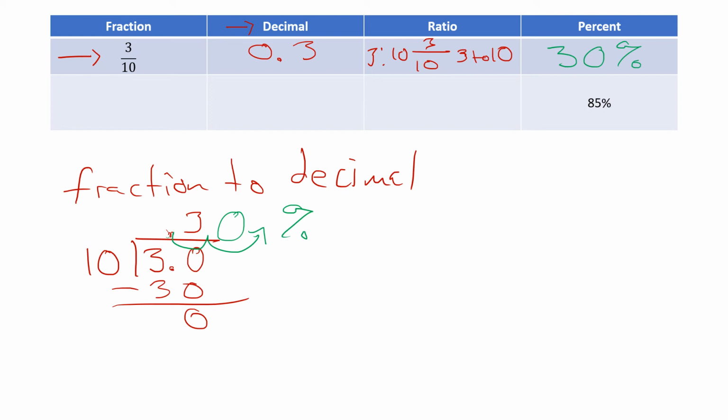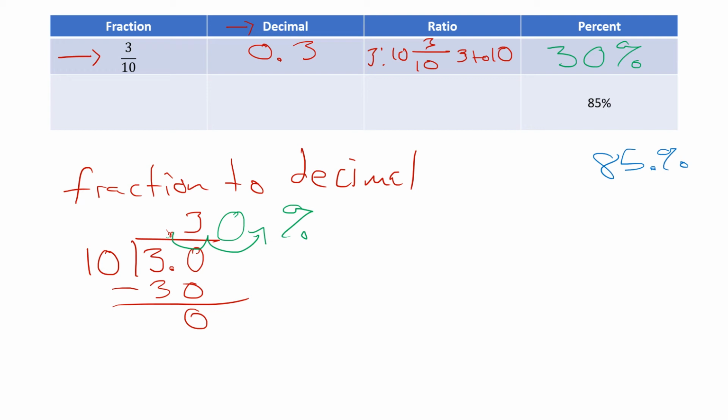So far, so good. Let's take a look at 85%. We're kind of starting at the very end of our spectrum. So where would be the best place to start here? Well, let's turn our percent into a decimal first. 85%. Remember that for any whole number, the decimal is always just hanging out at the very back of the number, so it's back there behind that 5.